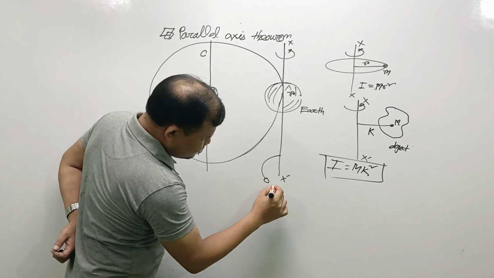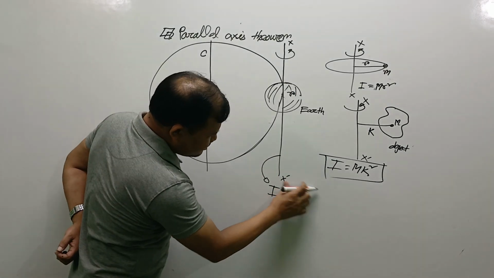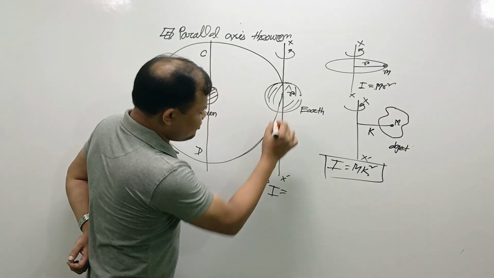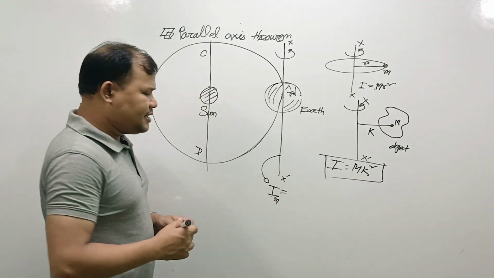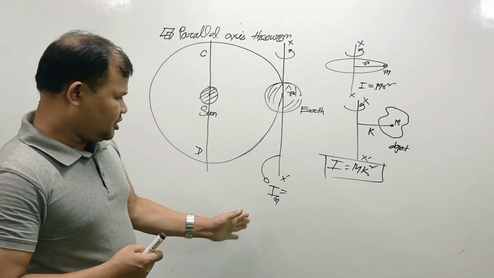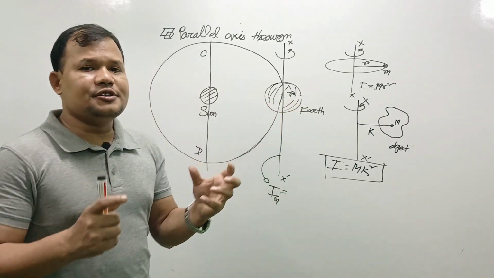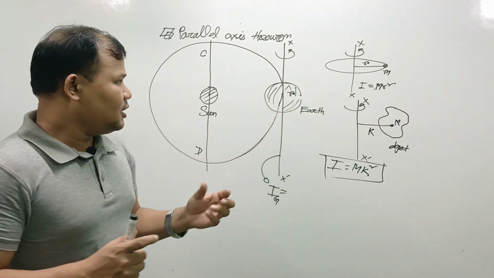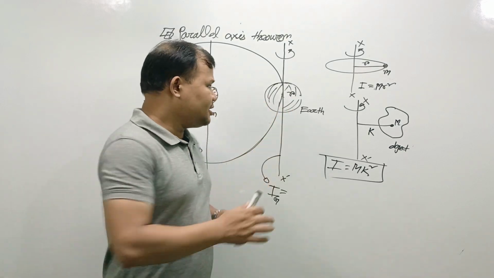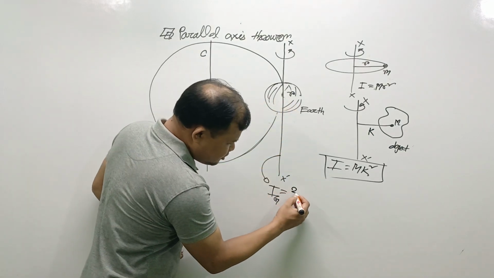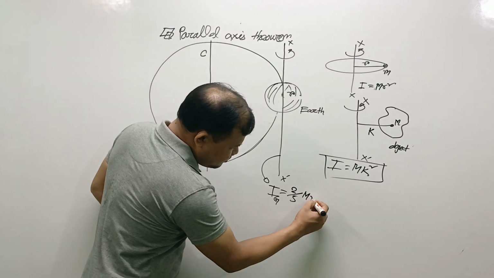Because of rotation about its own axis, there is a moment of inertia. Suppose the name of the moment of inertia is Iz. Iz means the moment of inertia about its own axis of the solid sphere of the earth. This earth is like a solid sphere, so we can write the moment of inertia as 2/5 mr².